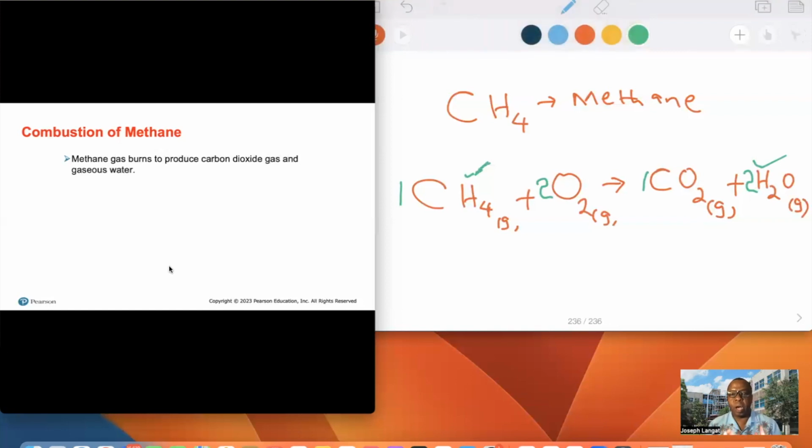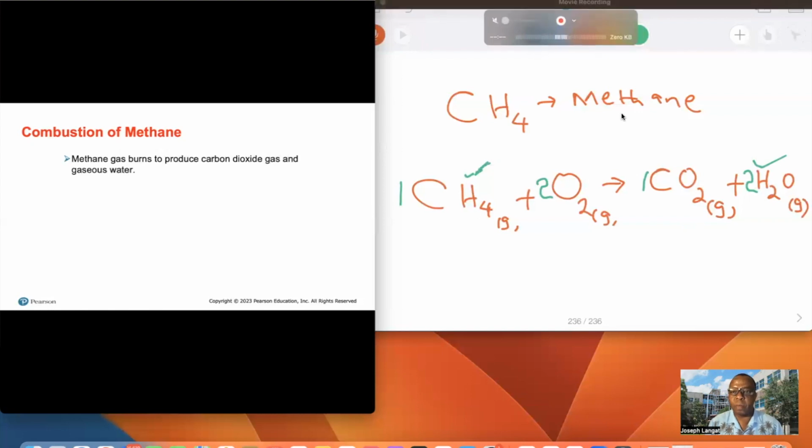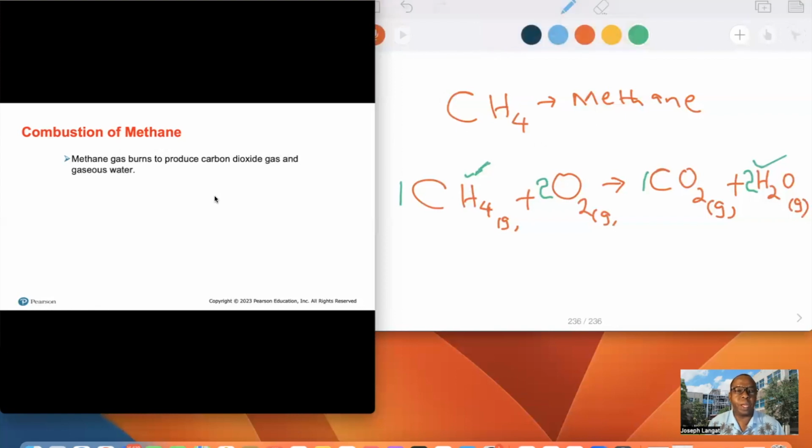So if you look at how I approach this problem, I had to write the correct formula for my compounds. Here we only have one reactant, methane. If I didn't know the formula for methane, how would I balance the equation? I cannot stress more the importance of writing the correct formulas for your compounds. Otherwise, you will get stuck.